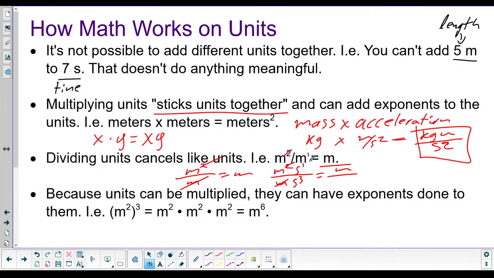We have one second on the top, so it'll cancel one of the bottom and you'll have two left on the bottom. So multiplying and dividing units works very similar to the way multiplying and dividing variables works. You just stick them together or cancel exponents based on how many there are.